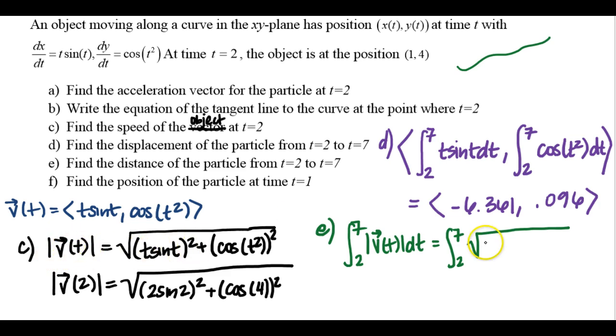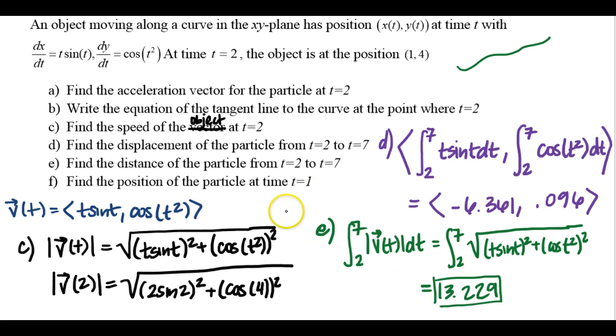It's this formula: the square root of t sine t squared plus cosine of t squared squared. This is my setup for finding the total distance traveled by the particle between time 2 and 7. We would solve this on our calculator, and we'd end up with 13.229. So that is my total distance traveled from time 2 to time 7.